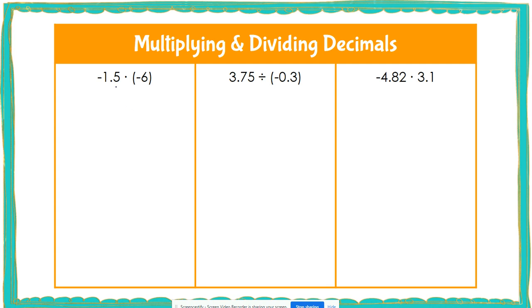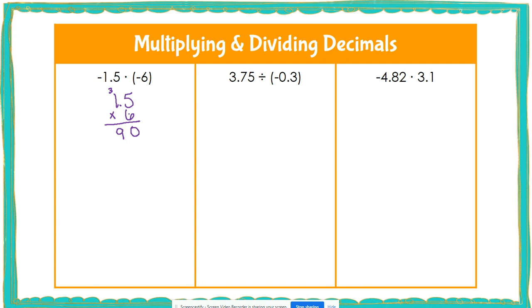So for negative 1.5 times negative 6, the first thing I'm going to do is multiply the absolute values. So I'm going to multiply 1.5 times 6. When I'm multiplying with decimals, I don't need to line up the decimals. I can just multiply like normal. 6 times 5 gives me 30, so I write my 0 and carry my 3. 6 times 1 is 6, and then 6 plus 3 is 9.